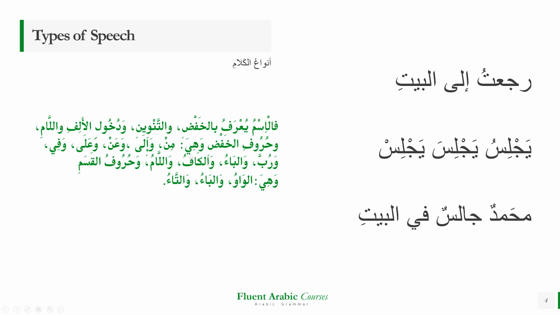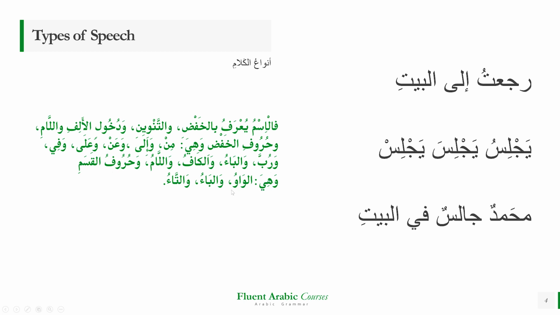Wa huruf al-khafdi. And what are the particles which give the state of khafd? If any of these particles come before the word and give it the state of khafd, then you can be sure it is a noun. These particles are min, ila, an, ala, fi, rubba, the ba, the kaf, the lam, and huruf al-qasam, the particles of the oath.